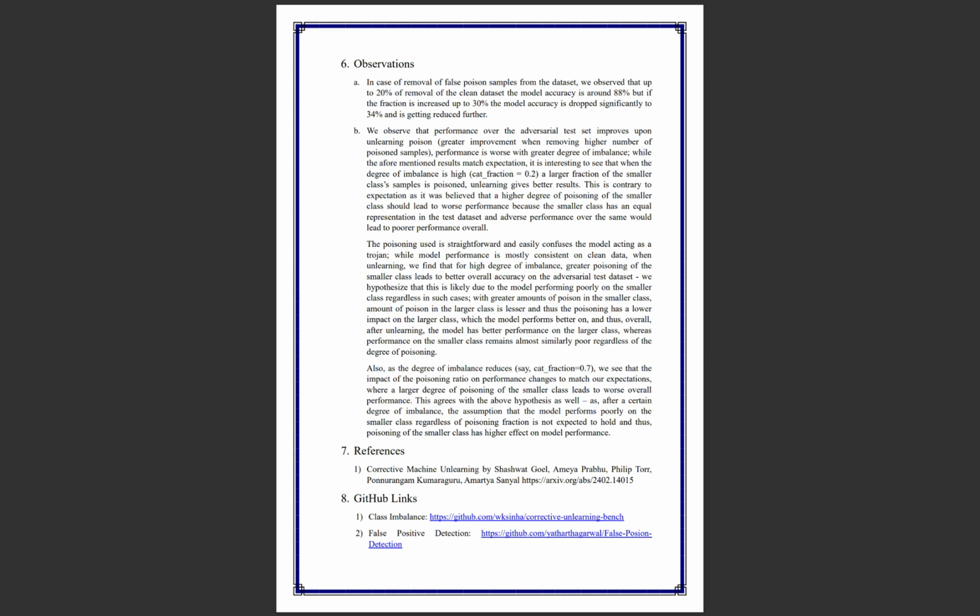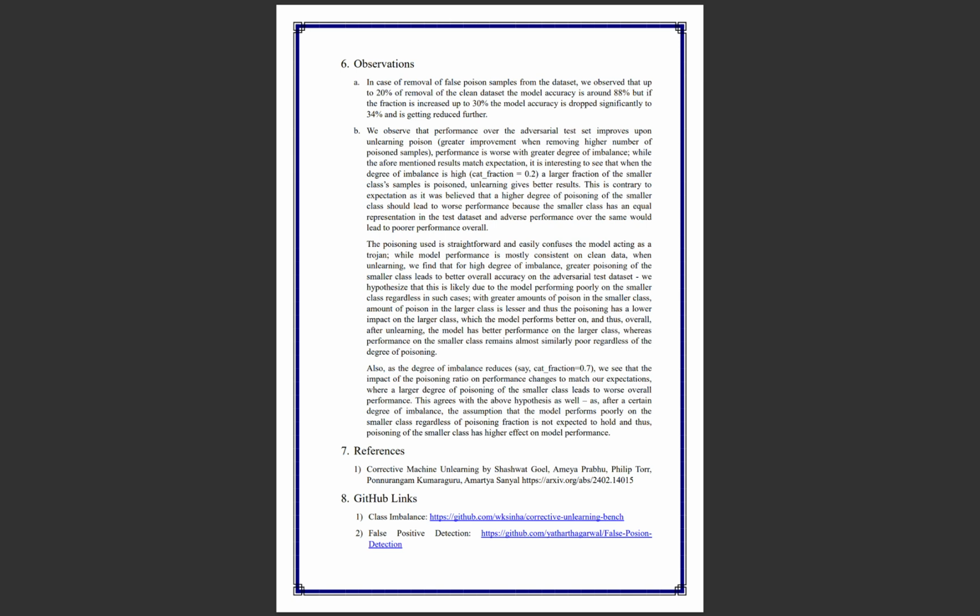We hypothesize that this is likely due to the model performing poorly on the smaller class regardless in such cases. With greater amounts of poison in the smaller class, the amount of poison in the larger class, that is the dog class, is lesser, and thus the poisoning has a lower impact on the larger class, which the model performs better on. And thus, overall, after unlearning, the model has better performance on the larger class and better performance overall.